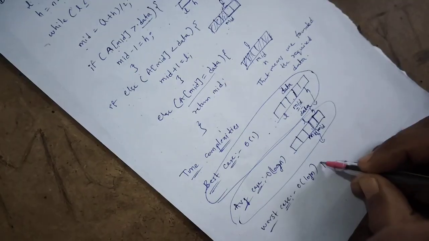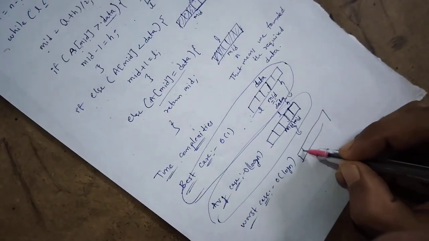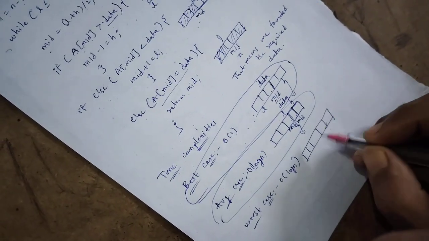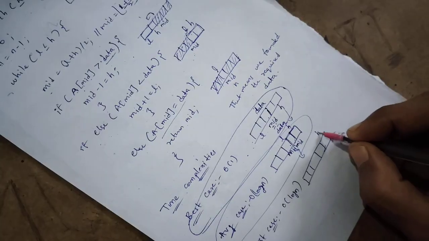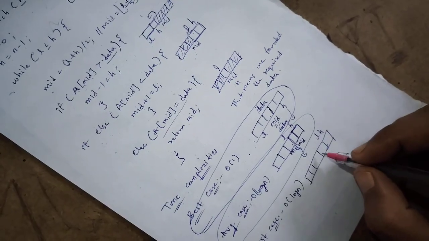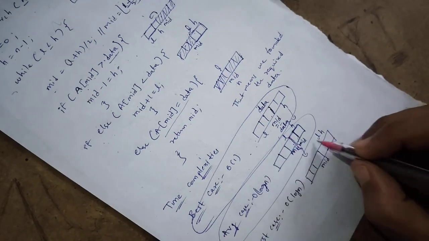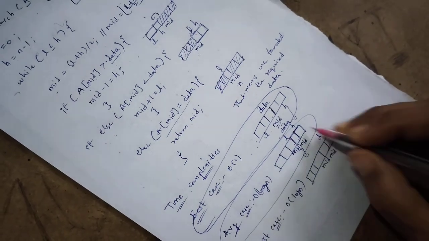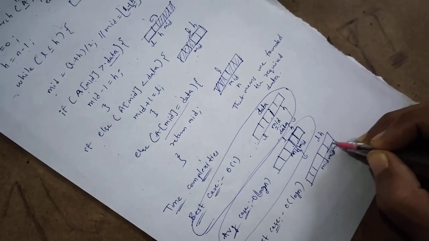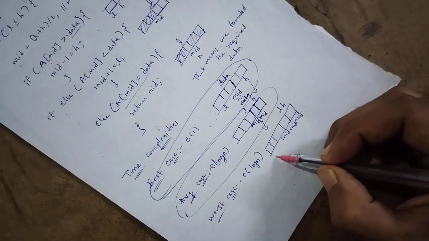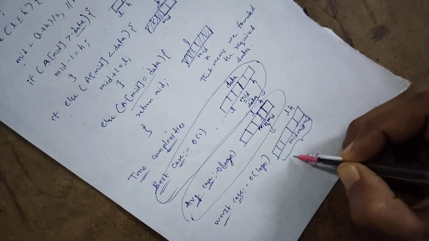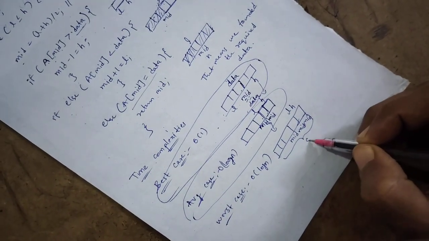We take this example again. This is H, this is L, and this is mid here also, and here. This is the worst case, because we use all steps.